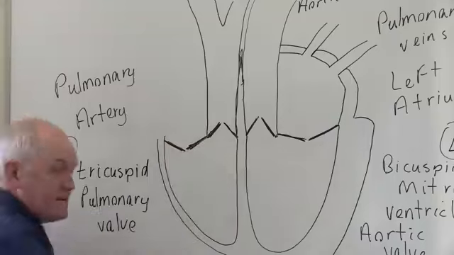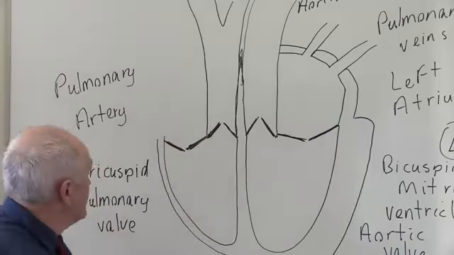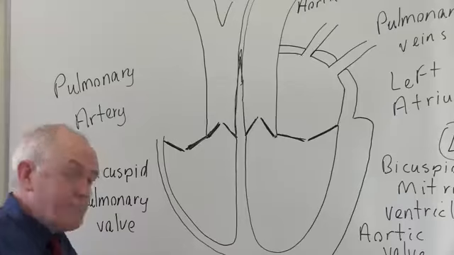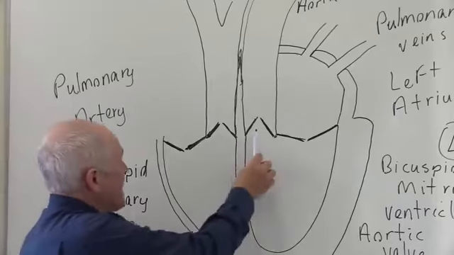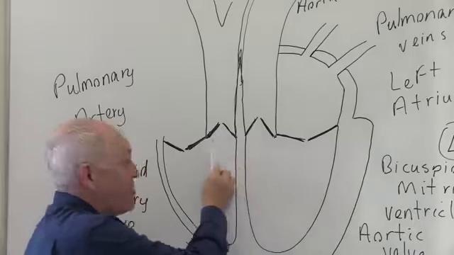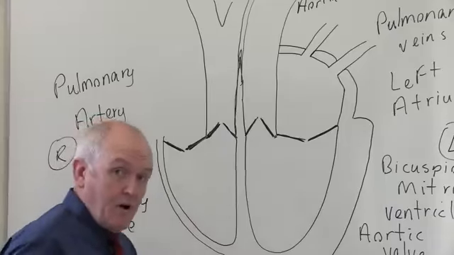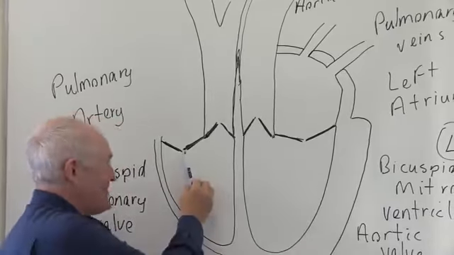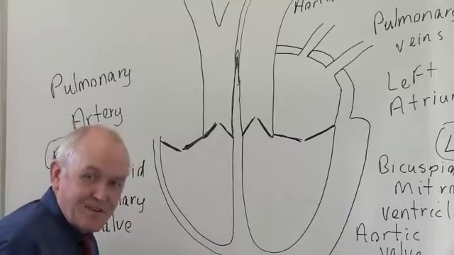So the right atrioventricular valve is called the tricuspid valve. But just out of interest in passing, we can notice that the aortic semilunar valve and the pulmonary semilunar valve also have 3 cusps. But it's this one that we call the tricuspid valve.